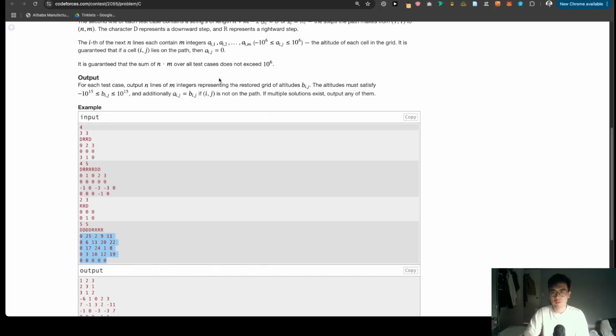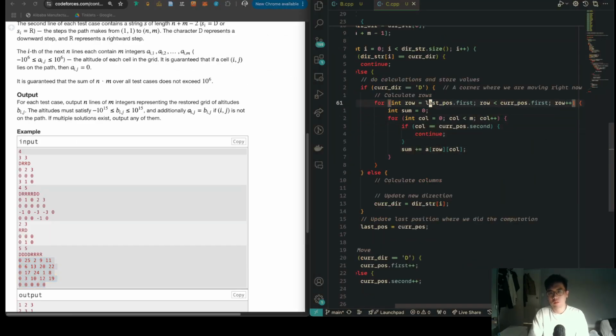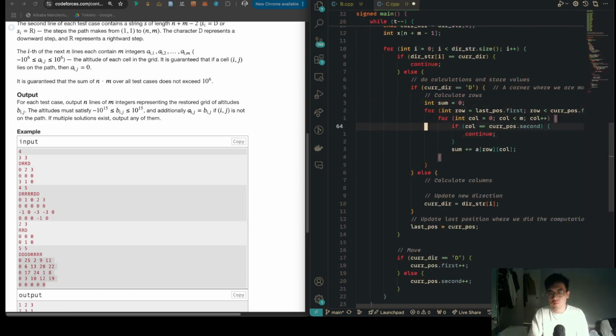So how much time do I have left? Okay. The sum is going to be each of these rows plus the sums.